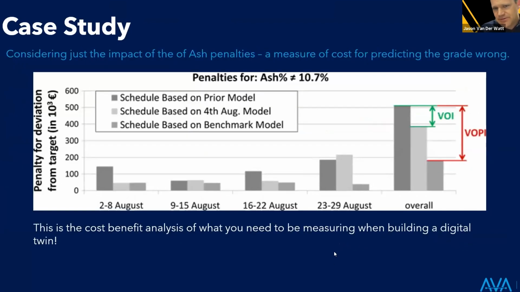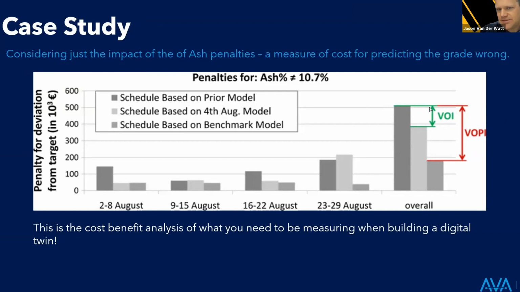And the net result of this over the period of study is this chart on the right. That's the one that I want you to really, if you remember one thing, remember that. If we had taken no action based on the online analyzers to improve how we were scheduling and mining, the value of the info, that's this bar on the left.